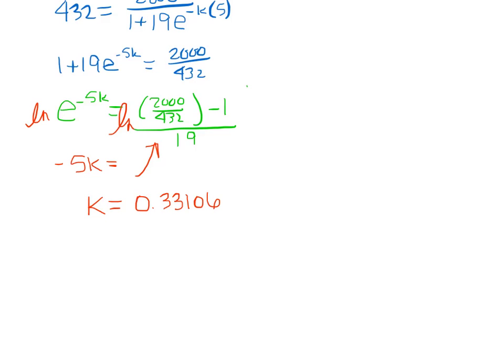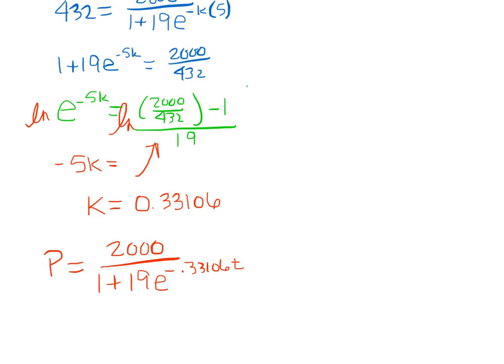Now that I have that number, I have a population model that looks like P equals 2,000 divided by 1 plus 19e to the negative 0.33106, and again I would use your exact value, times t.